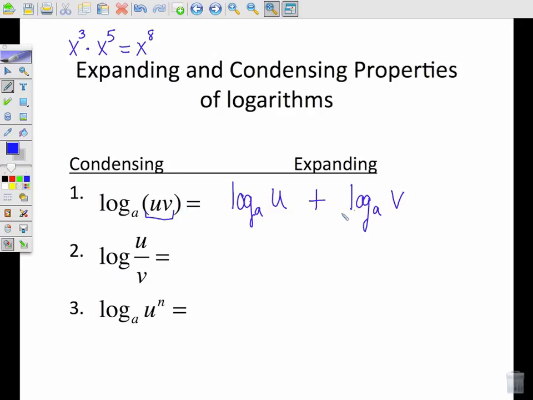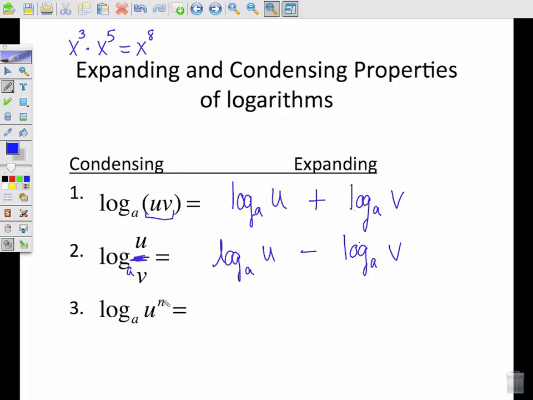That's all that is. So subtracting, you can do log base a of u minus log base a of v. So in division here, you turn the division bar into subtracting your exponents.